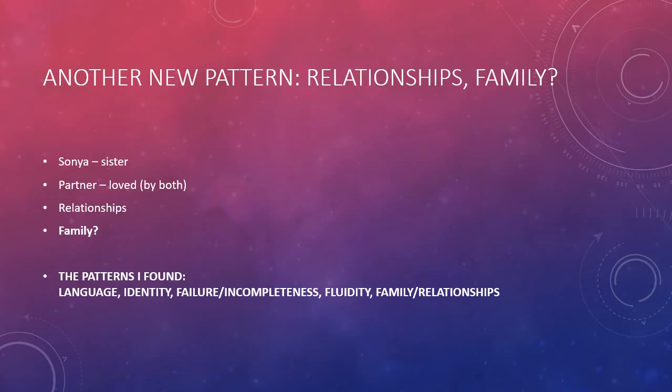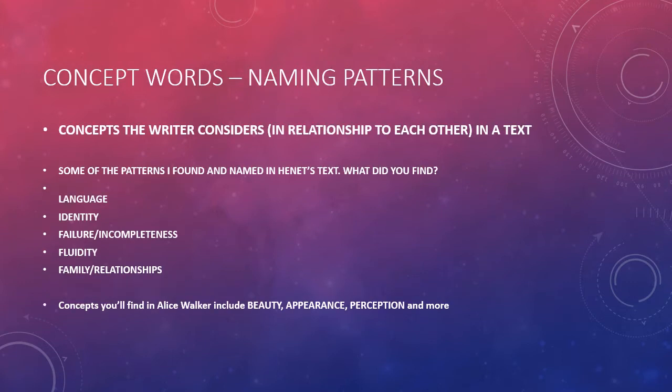And here we are, a new pattern to add to the other ones. Sonia the sister, the partner loved by both of them, relationships. A possible name for this might be family. And that completes the patterns I have to work with for now. When you name your patterns, you really are looking for conceptual words.